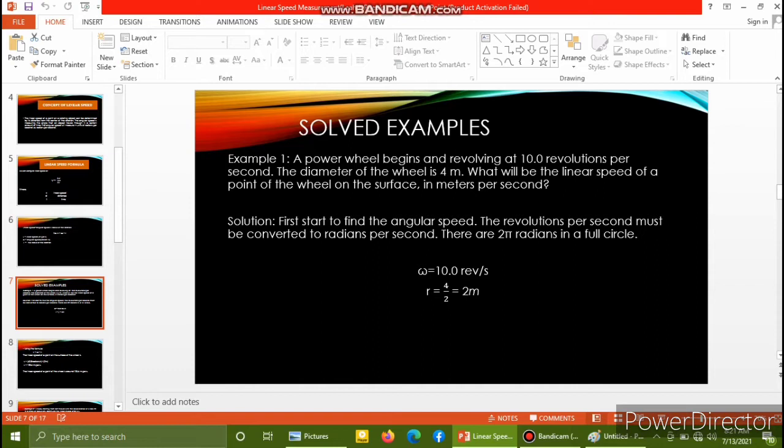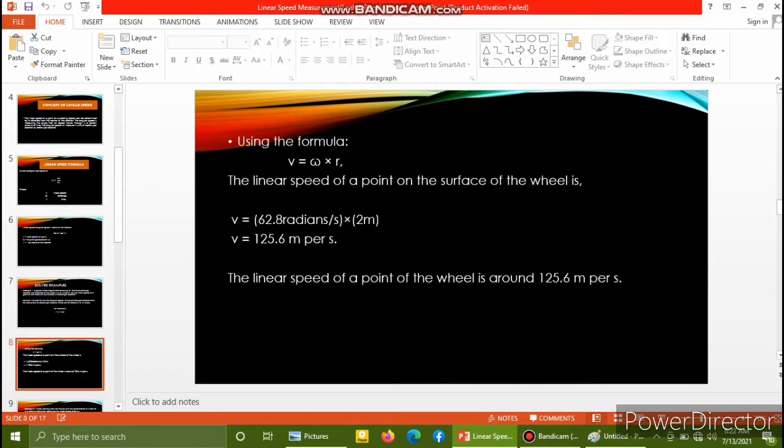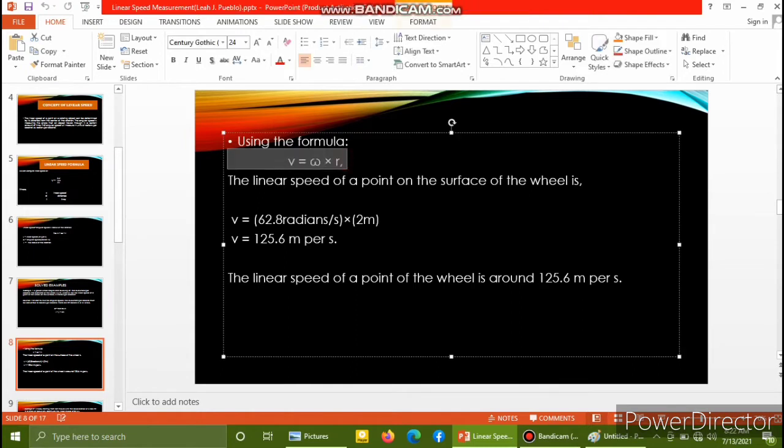First, we find the angular speed. The revolutions per second must be converted to radians per second. There are 2 pi radians in a circle. This is the formula: velocity is equal to omega times r.